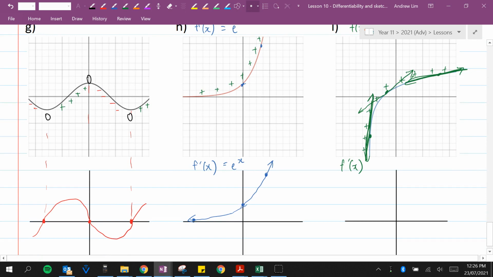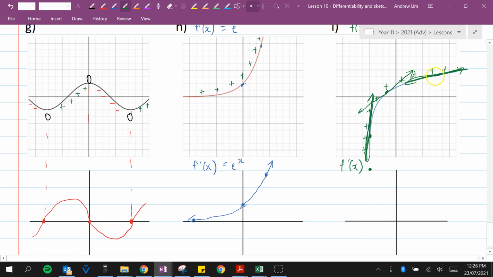So what we're going to do is, because all of these are plus signs, the whole thing has to be above the x-axis when we graph our gradient function. But to the left of x equals 0, it's really steep, which means that the gradient is going to be really, really high.